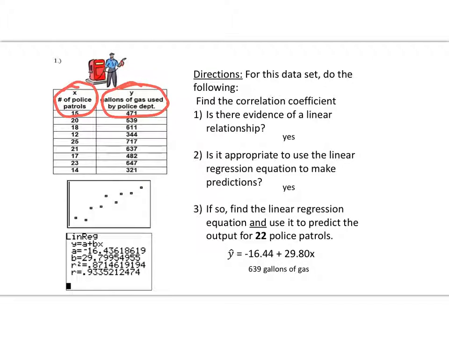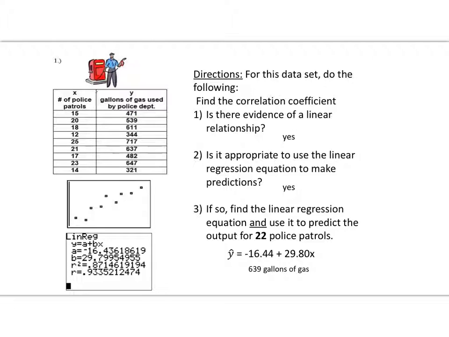In other words, does the number of police cars driving around have any influence on the number of gallons of gas that the police department has used each night? Well, we would think so, right? We'd think essentially the more police patrol cars are out, the more gallons of gas the police would be using.